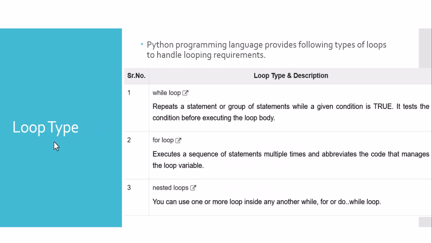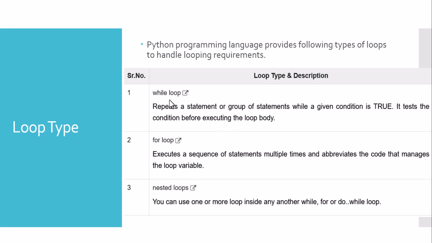Loop types: basically there are three types of loops: while loop, for loop, and nested loops. Python programming language provides the following types of loops to handle the looping requirement. The while loop repeats a statement or group of statements while a given condition is true. It tests the condition before executing the loop body.